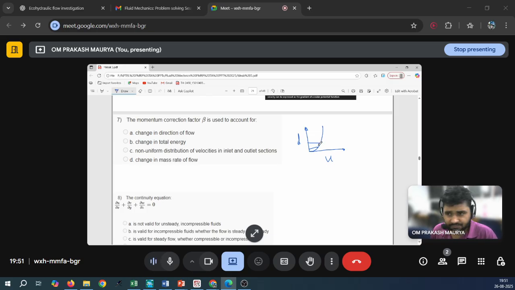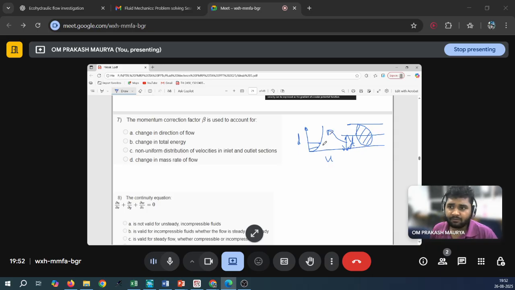As we move upward from the bottom, if this is a channel, or if this is a pipe, and the water is flowing fully, completely filled, I am drawing the half part. If this is D, this part I am drawing.